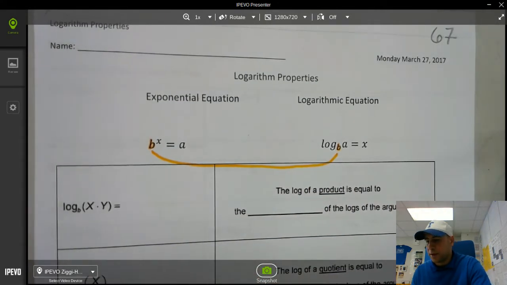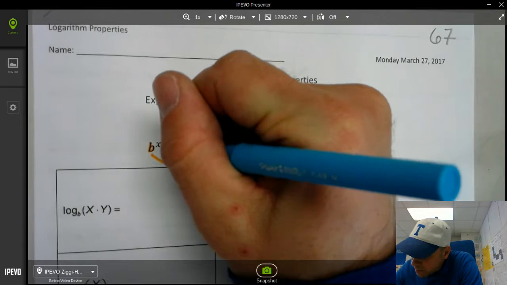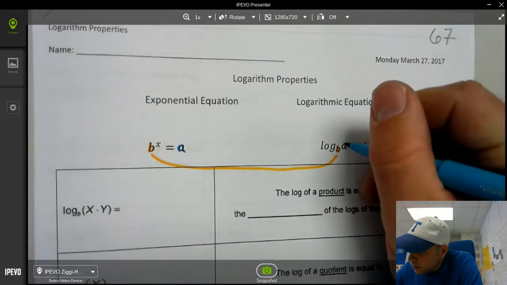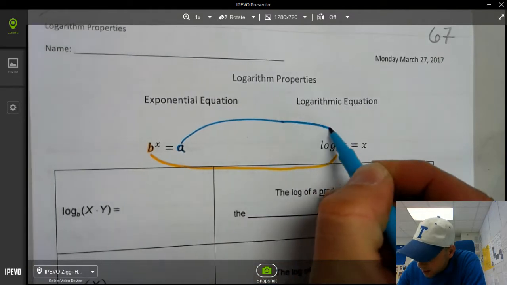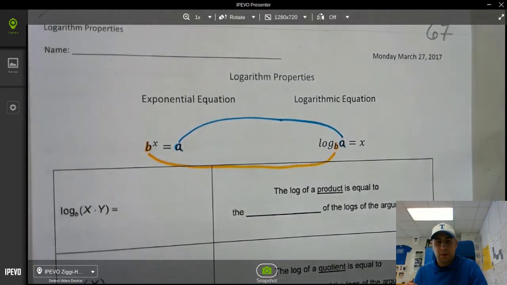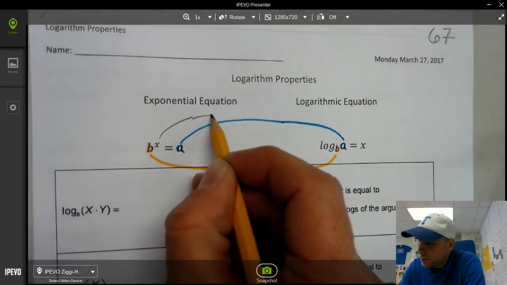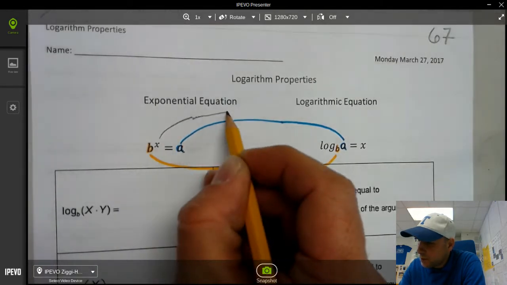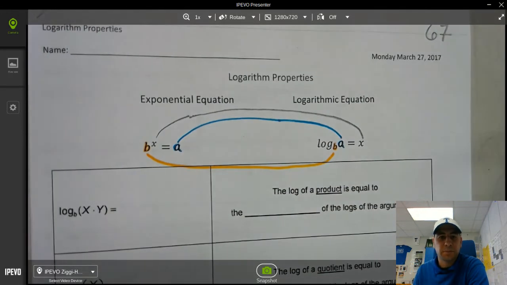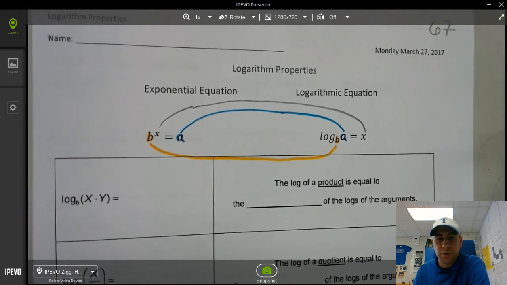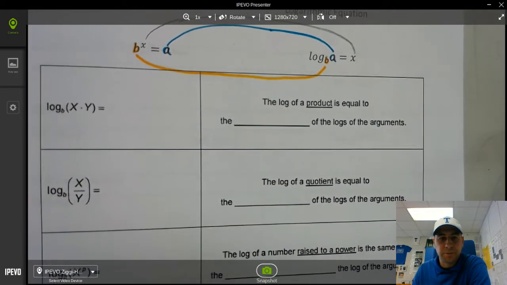All right, and then we're looking at the A. The A here is the A that corresponds to the A here. Okay. And the X here corresponds to the X here. Okay. All right, so with that, let's move on to some more of the properties.